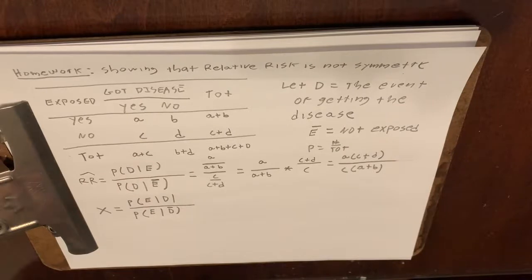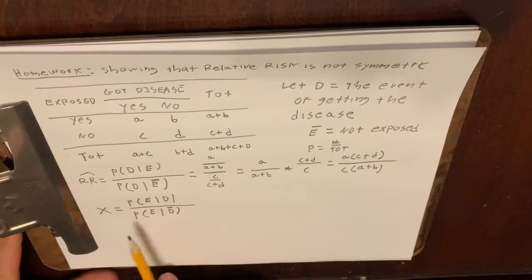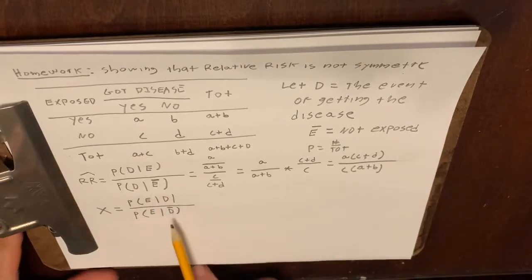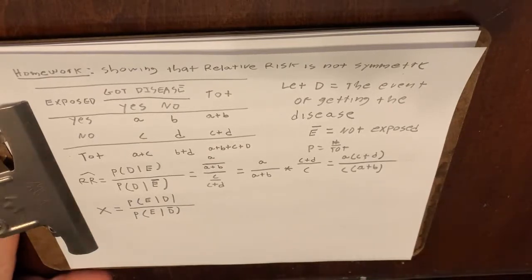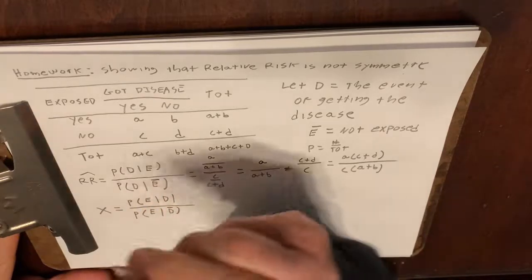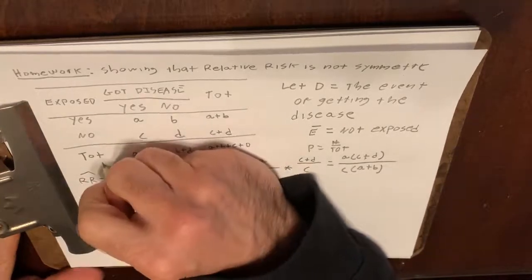And if you recall my video that we did on the odds ratio, when we looked at the symmetry of the odds ratio, we saw that when we made this little symmetric switch, we got the same answer. And recall also that this here is a prospective formulation.